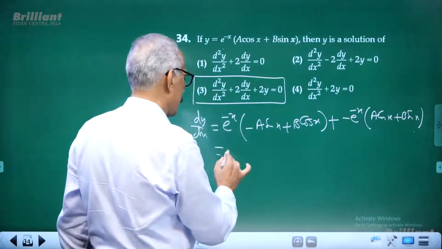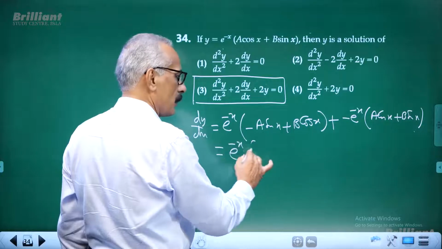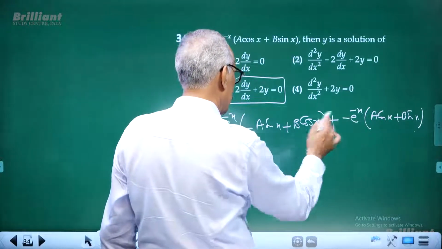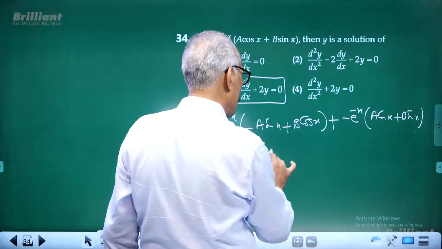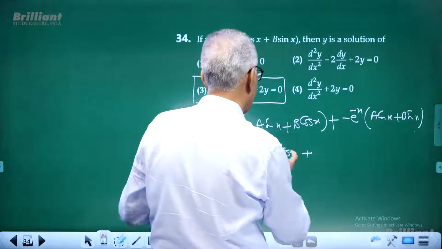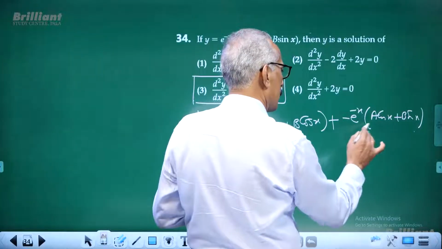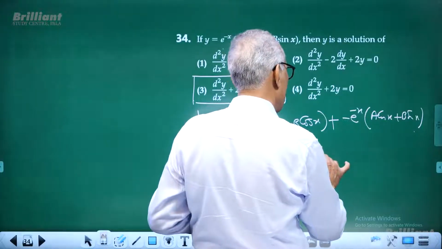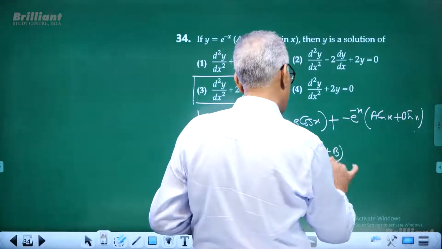You can take e raised to minus x into cos x common. This will become b minus a cos x, plus next will be minus of a plus b sin x.